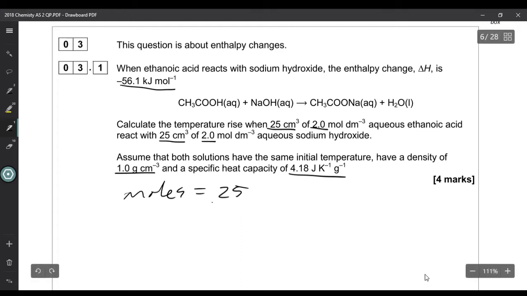So it's 25 divided by 1000 times the 2, which is the 2 moles per dm cubed, and that comes out to be 0.050 moles.